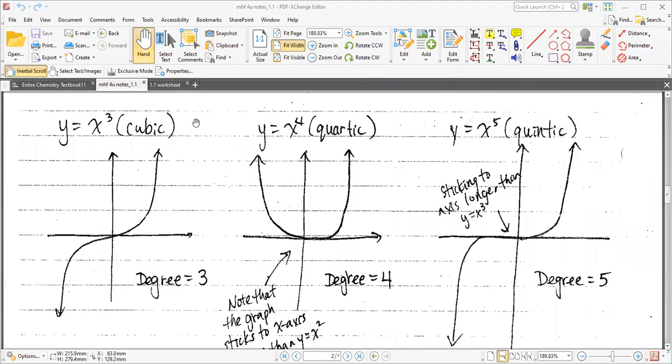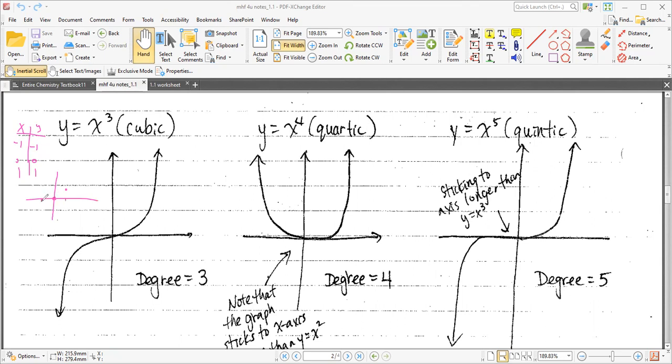Now here is the graph of the cubic. Again, I can put 3 points here: x is -1, 0, 1. -1 to the power of 3 is -1, 0 to the power of 3 is 0, 1 to the power of 3 is 1. To graph that, what do we have?